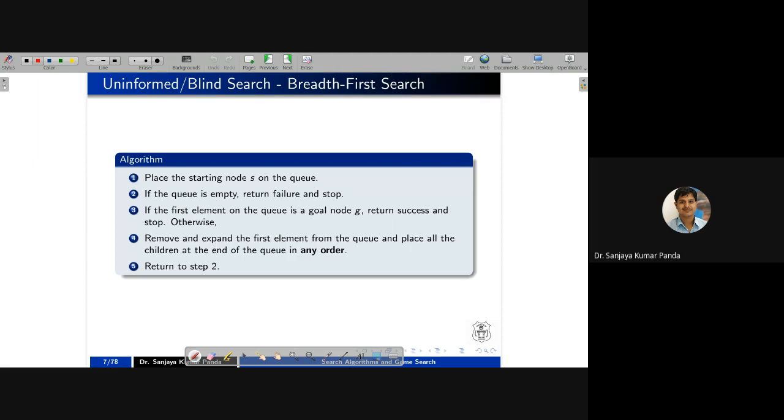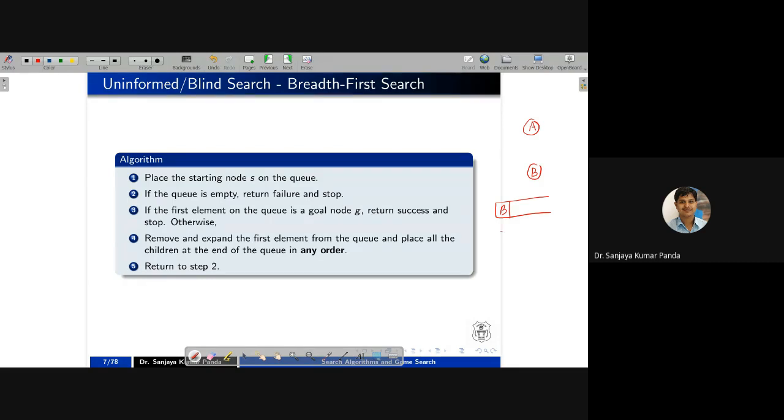You can say if the first element on the queue is your goal node. You are searching for a goal, like we are searching from a start city A to reach another city B. So if in that queue you found that the first element is B, which is your target node or target city, then you can say it is successful and you have to stop.